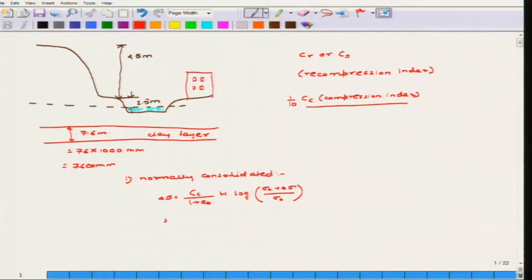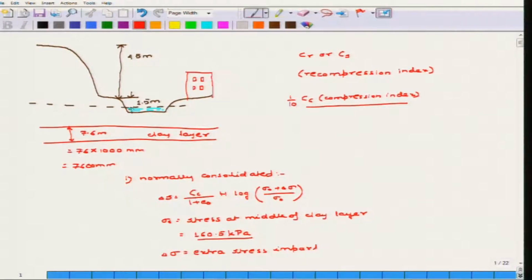Now, sigma naught is the stress at the middle of the clay layer, which we found to be 160.5 kPa, and delta sigma, that is the extra stress imparted by the building, is 0.9 daN per centimeter square.